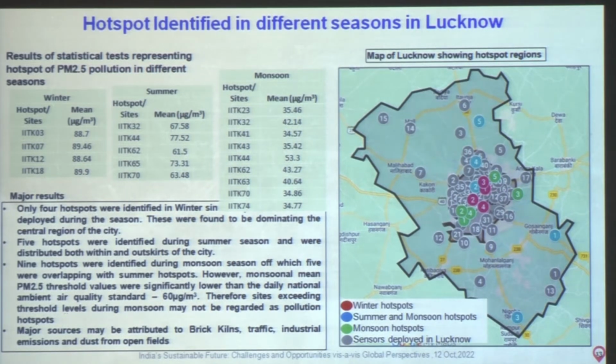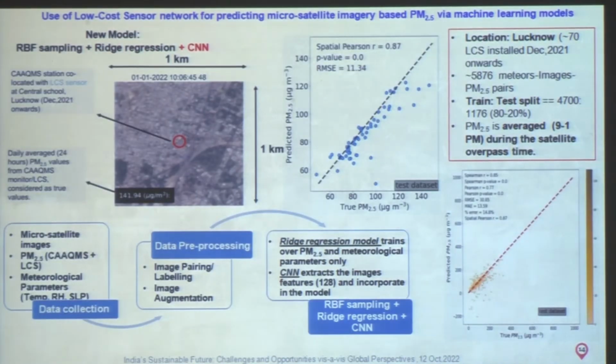We tried several kinds of statistical techniques, and consistently each one of them gave us the same locations, which show much higher amounts of particulate matter, shown by these pink circles on this map. These are the locations which the city officials would definitely like to do something about so that people's exposure can be minimized.